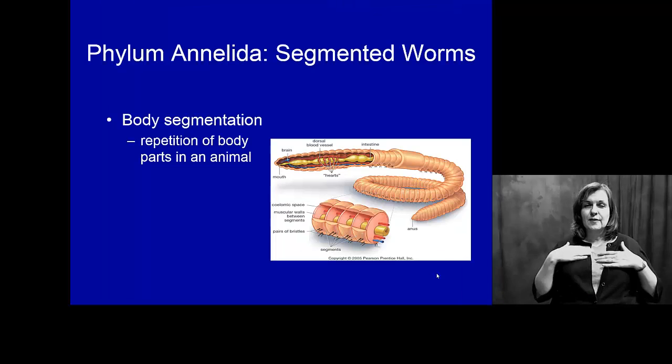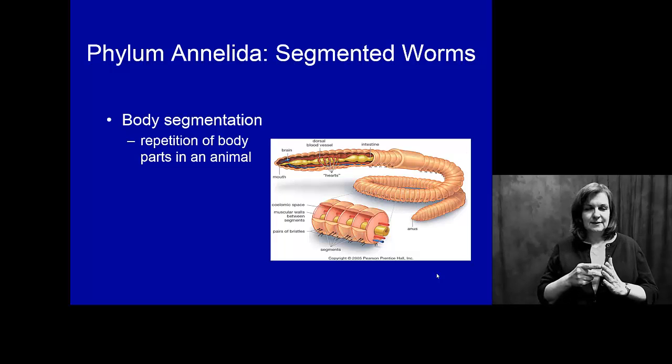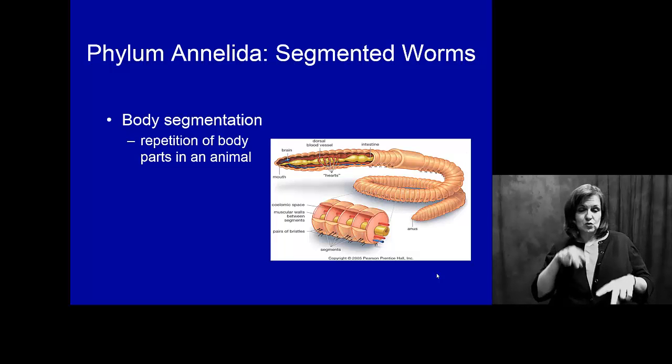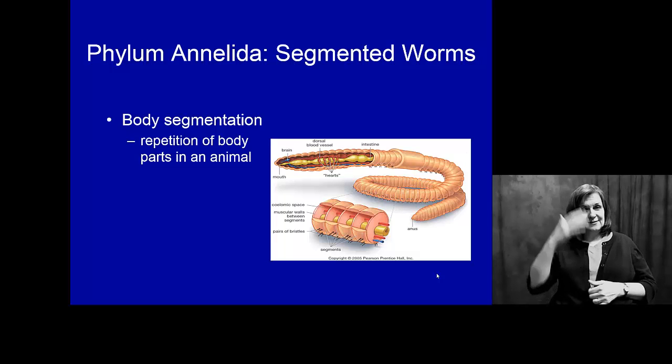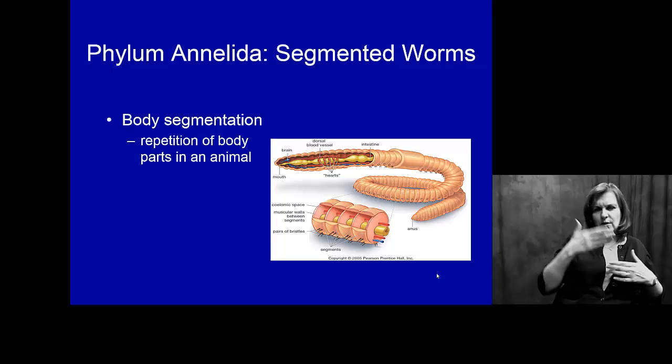So with this body segmentation or repeated segments, what we're really looking for is higher levels of complexity of structures and an internal space in which to divide this out. So we really can look at an earthworm as having a head, a thorax, and an abdomen. Now, it's rough. It's not like your head, thorax, and abdomen.